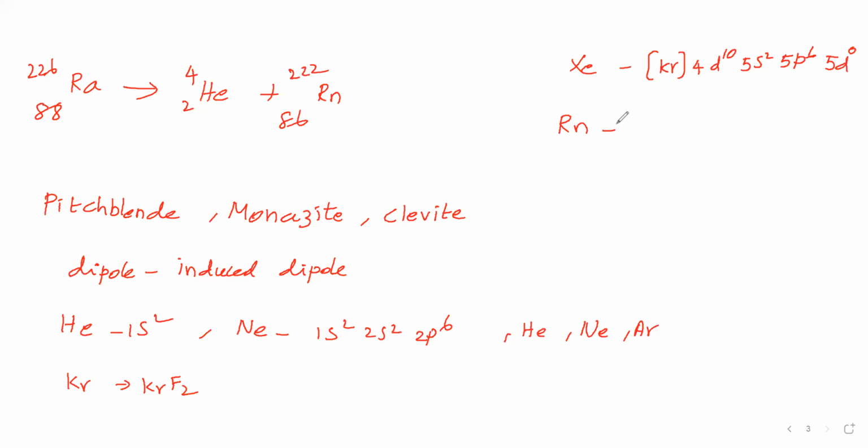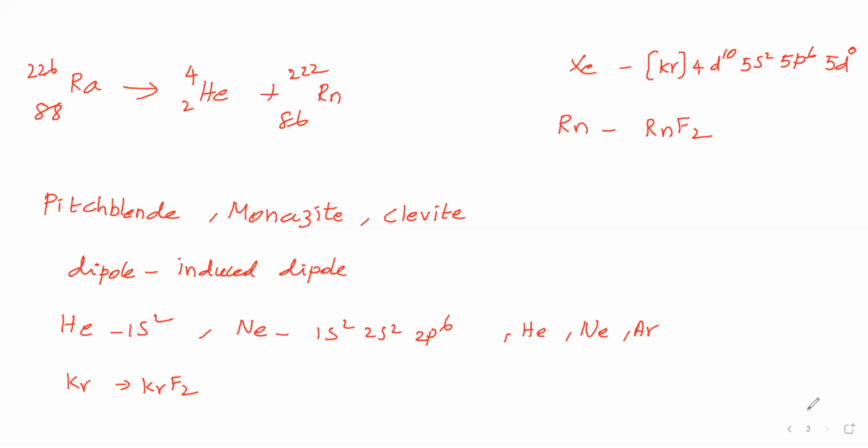Therefore, studying chemical properties of radon is difficult. Radon also is involved in chemical reactions. Its compound RnF2 is identified using the radio tracer technique.